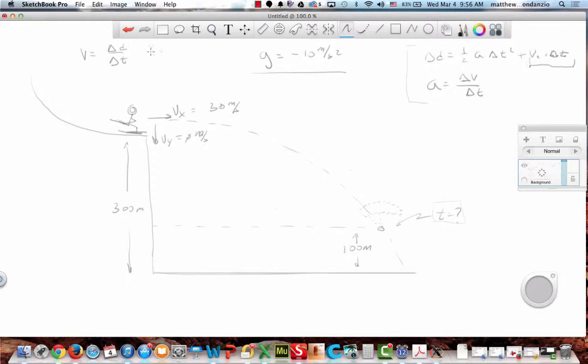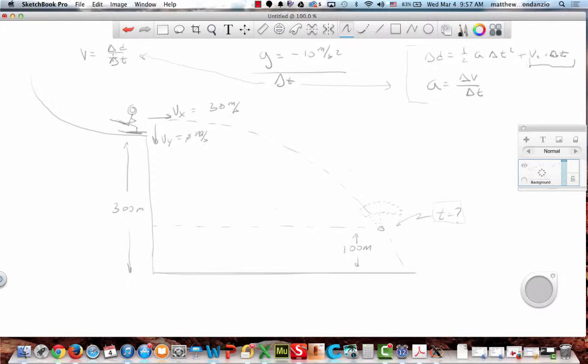What's the one thing that connects both sets of equations? Time. If I'm looking to be at the same place at the same time, it's always going to be the same time, either way I do it.